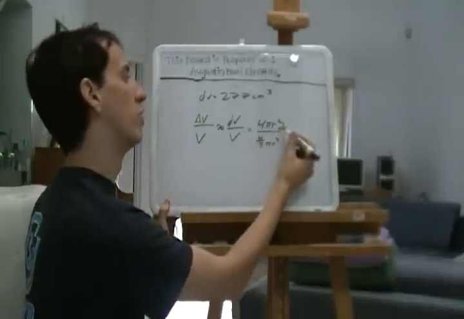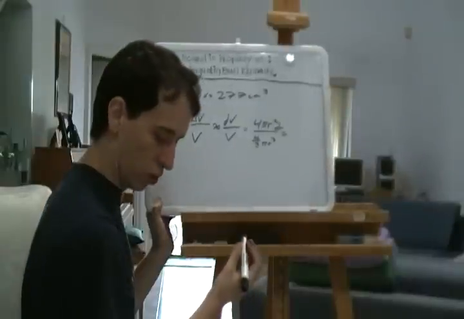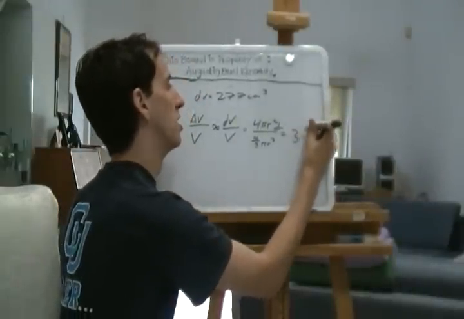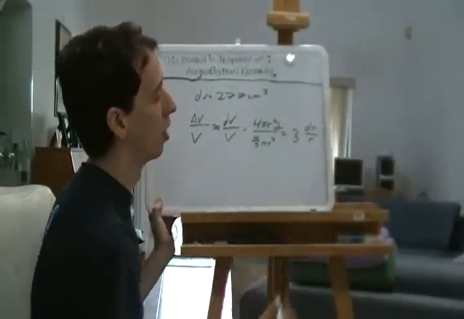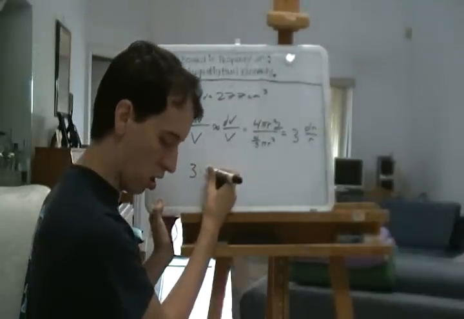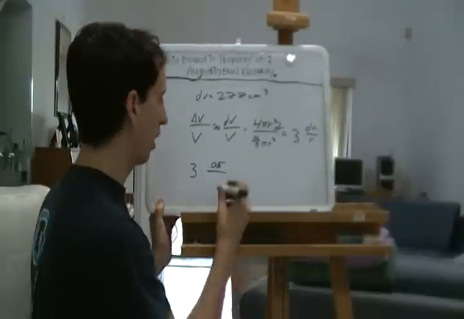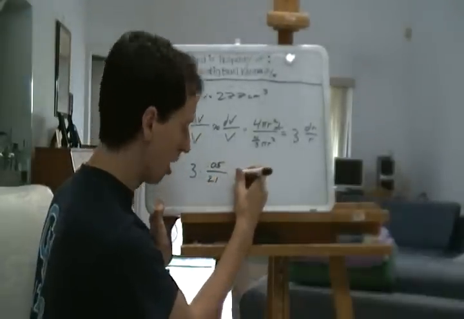If you cancel out all of these things, this all equals 3 dr over r. That means 3 times dr, which is 0.05, over r, the radius, which is 21.